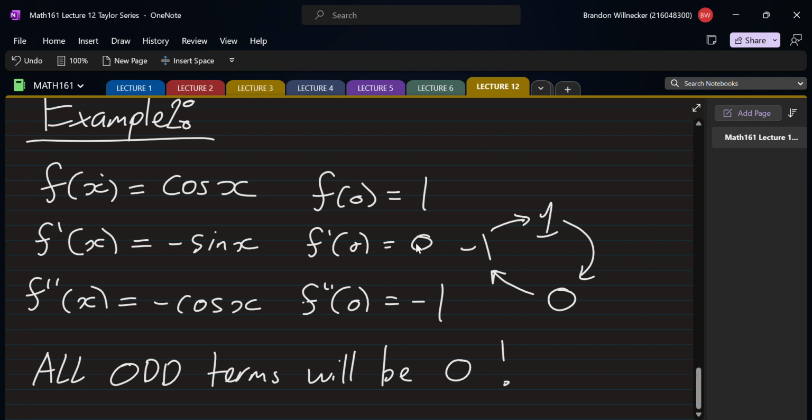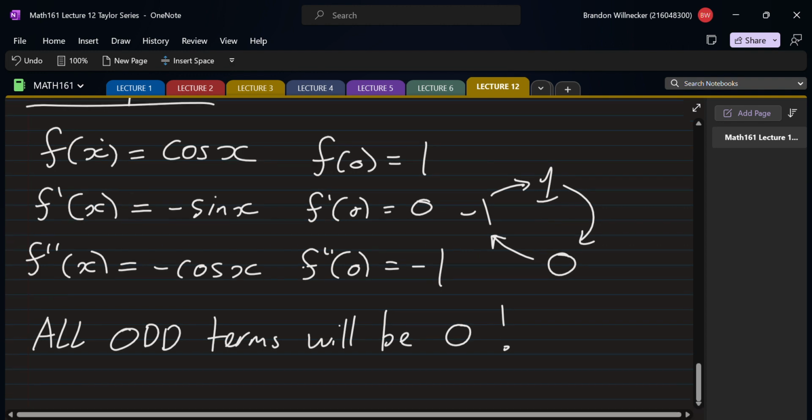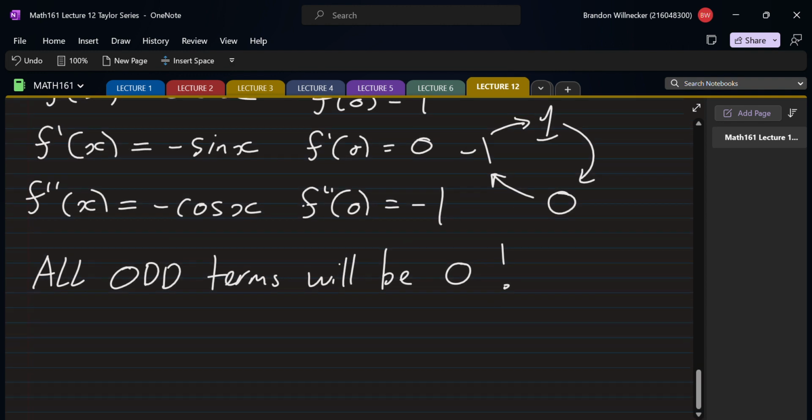So it's not surprising that all of the odd derivatives are 0. All of the even derivatives, the 0th derivative, the 2nd derivative, and so on, will alternate between 1 and minus 1. So how can we use this information to write this as a Taylor series?